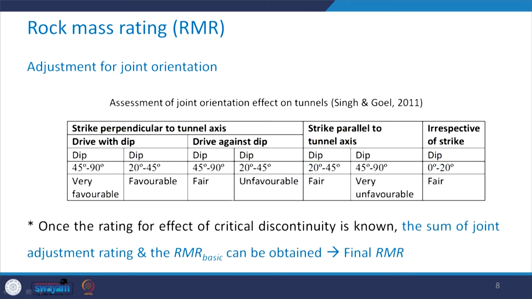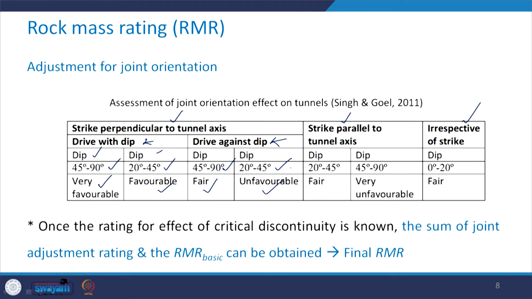So based upon this, take a look at this table: strike perpendicular to the tunnel axis, strike parallel to the tunnel axis, and this is irrespective of strike. So drive with dip and drive against the dip. You have dip values. If it is 45 to 90 degrees, it will be said that okay, this is very favorable. If it is 20 to 45 degrees, it is favorable. If the tunnel is driven against the dip, and if the dip is 45 to 90 degrees, it is fair, and for 20 to 45 degrees of dip, it is unfavorable.